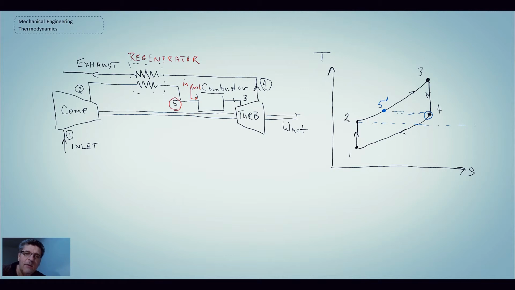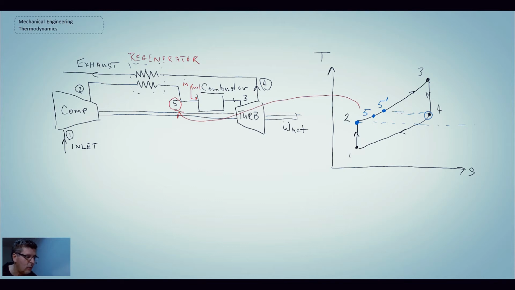In an ideal world, if our regenerator was 100% effective, the compressed air from state 2 would move all the way up to state 5 prime. In reality, the heat exchange will only be so effective, and we will end at state 5, which is indicated here on our process schematic.